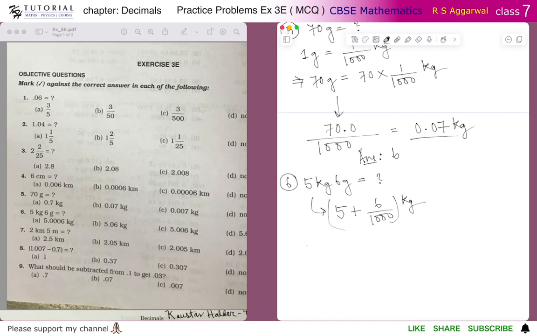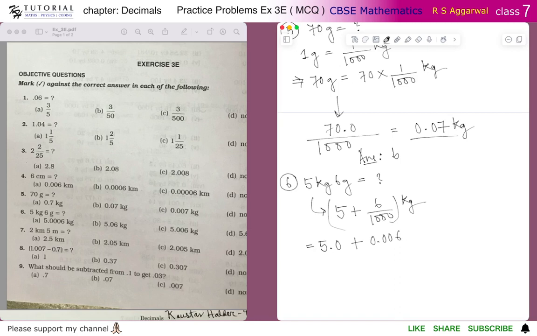Now, 5 we can write as 5.0 in decimal form, plus 6 by 1000. If you convert this decimal fraction to a decimal, it becomes 0.006.